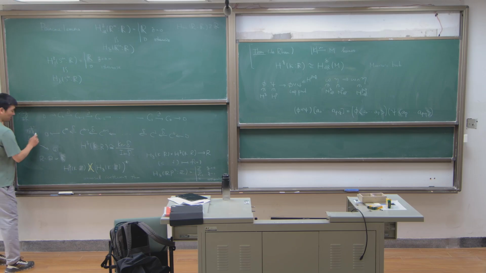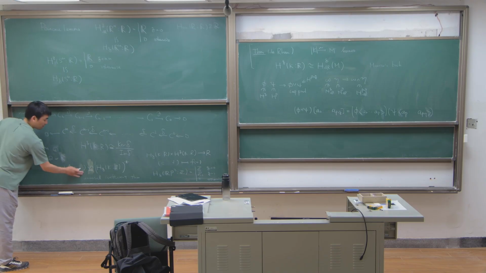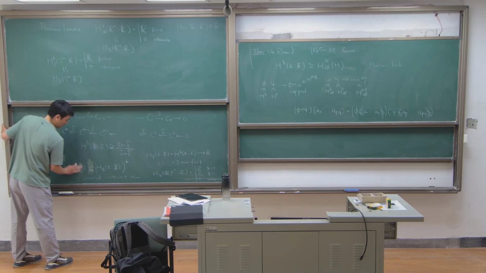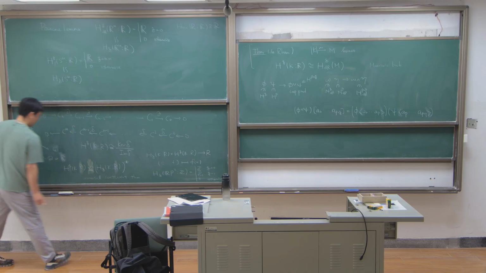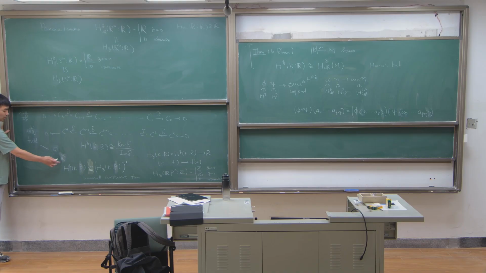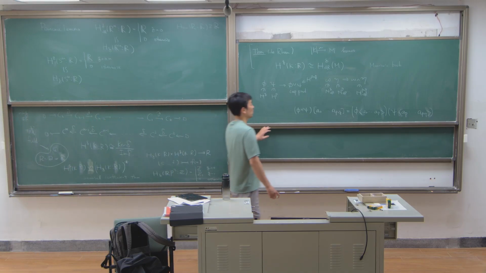Sorry, I wrote D, but that's not true. So we also include C, often called C quotient.